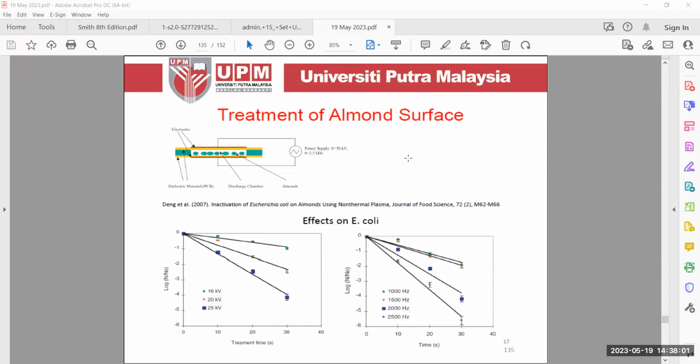At the moment it's still quite limited, but he is working on it. One of the research is on chili seeds, biji benih cili. Menggunakan ion plasma ni, dia mempercepatkan germination ataupun percepatkan pertumbuhan pokok cili on the treated biji benih tadi.